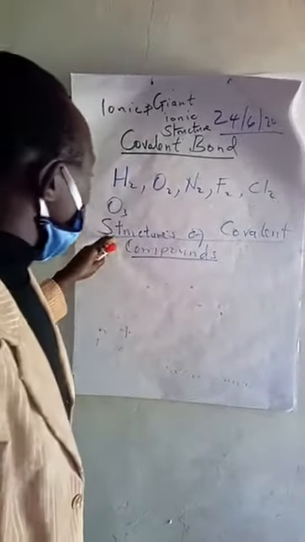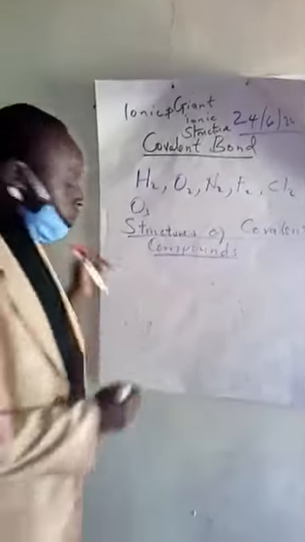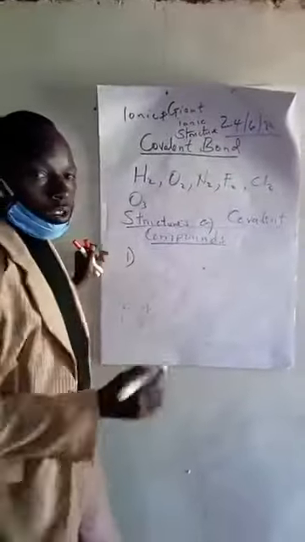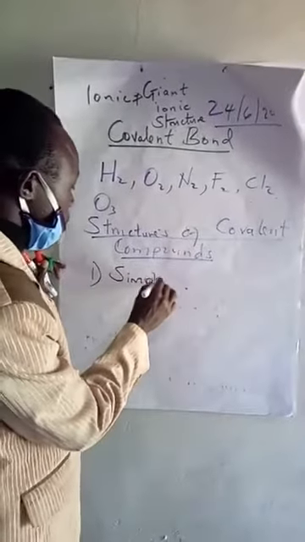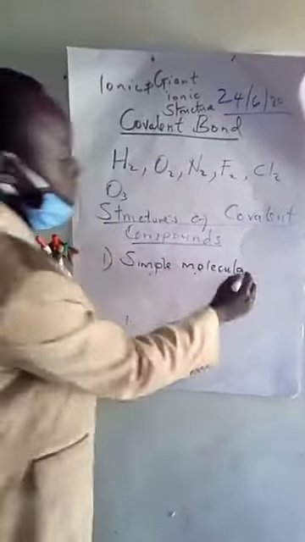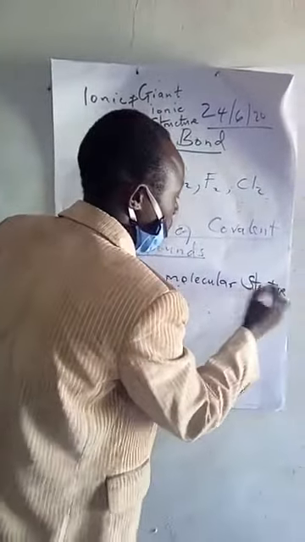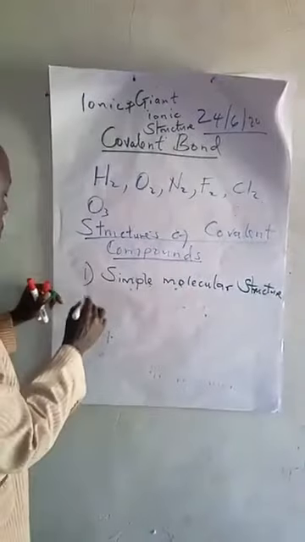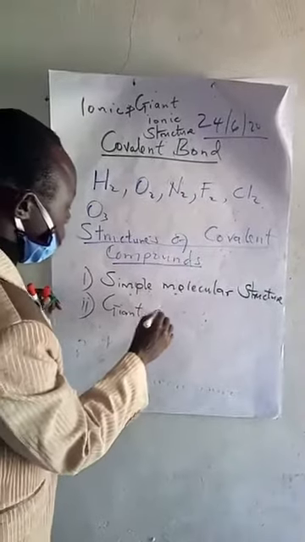Now for covalent bonded compounds, we have two types of structures. One is simple molecular structure. And two, we have giant atomic structure.